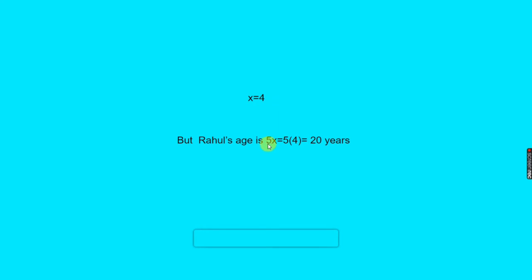But Rahul's age is 5x. So 5 multiplied by 4, which is the value of x, that is equal to 20 years. And Harun's age was the multiple of 7. So it was 7x.